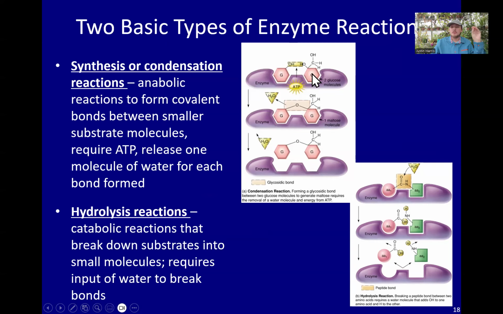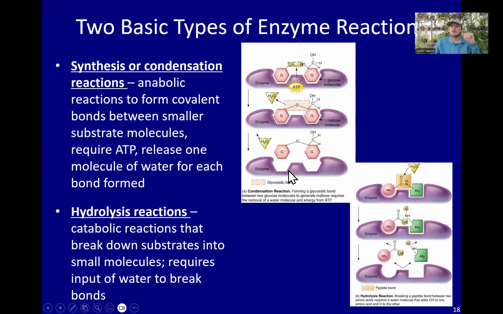So we're taking two small components, taking out water and building a bigger molecule. And so this is an anabolic reaction. We're taking smaller components and building something bigger. And in the process, we're producing water. And that water came from those two components to begin with.